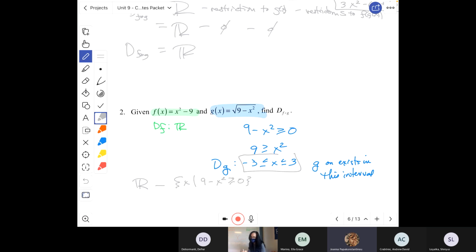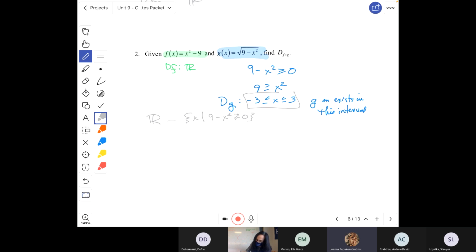And then do I have any restrictions on the composition? Well, let's take the composition and see.